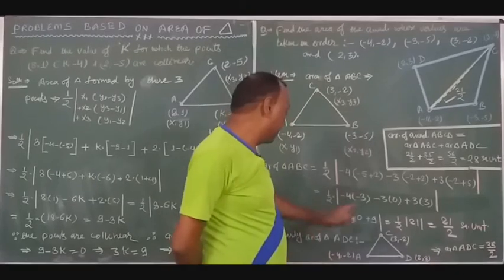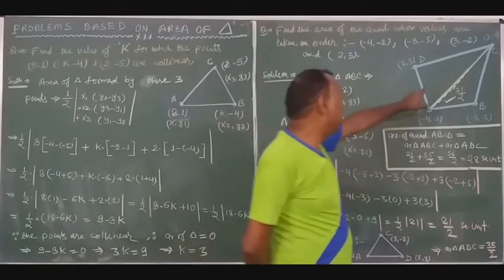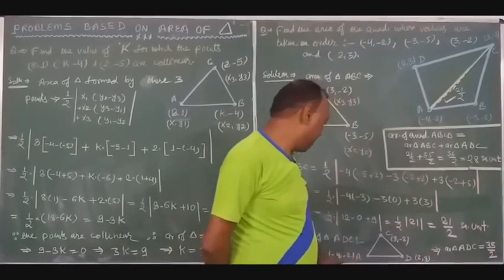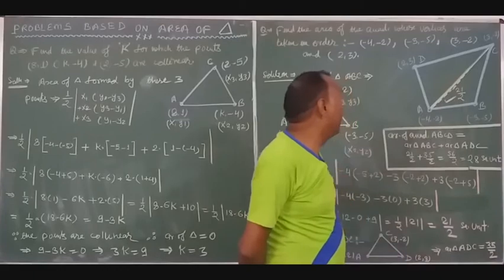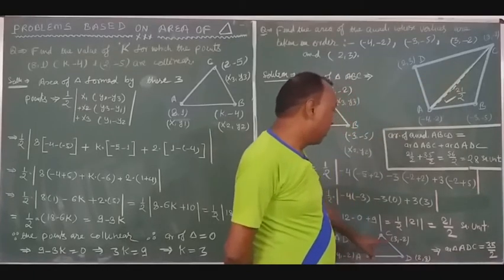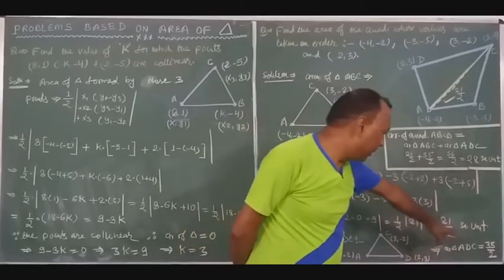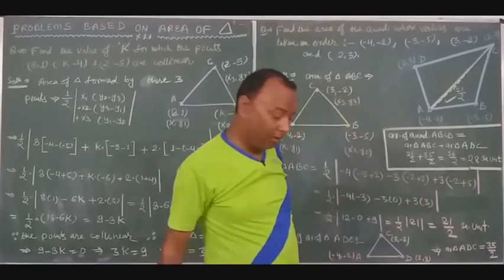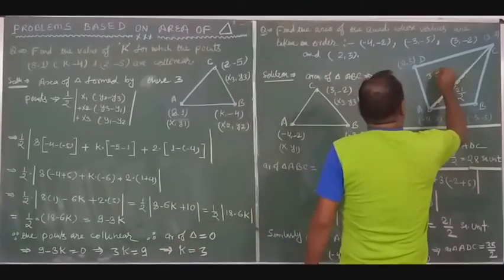Similarly, we will calculate the area of triangle ADC. This is point A (-4, -2), this is point D (2, 3), and this is point C (3, -2). When you solve this, you will get the area of triangle ADC as 35 upon 2.